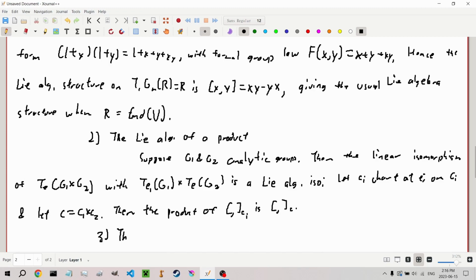Thirdly, we look at the Lie algebra of a group submanifold.